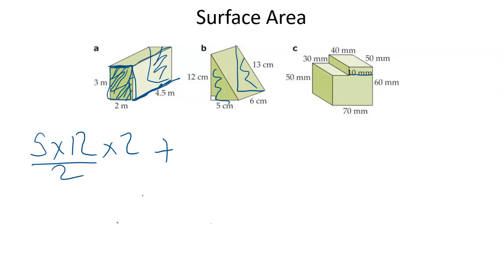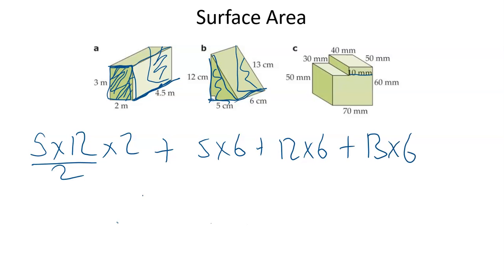And then we've got 3 rectangles, so you could write it out as 5 times 6 plus 12 times 6 plus 13 times 6, and then type all of that in the calculator.